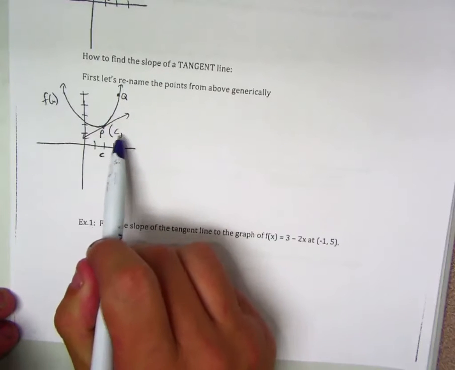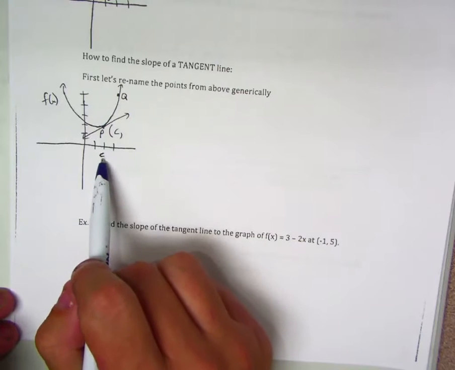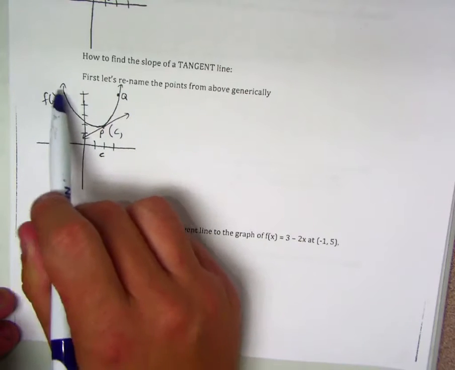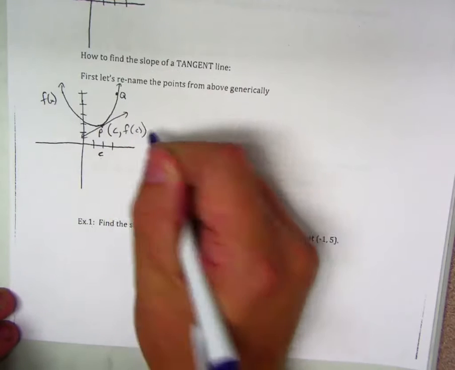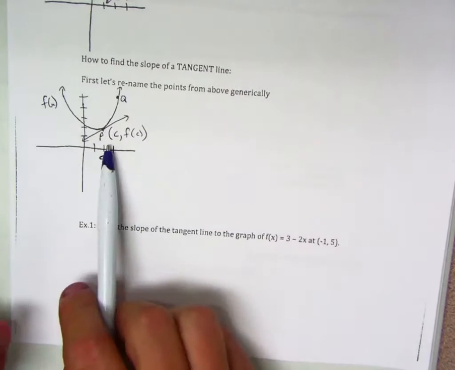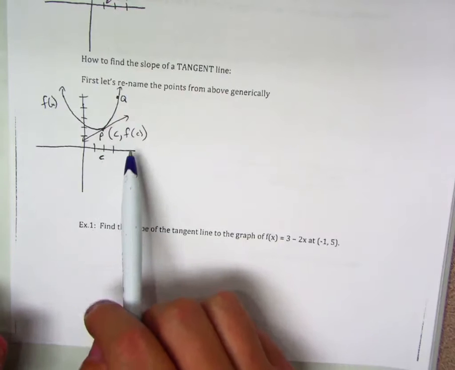The y value that we associate is, well, think about if you find a y value. If you evaluate a function at C, you plug C in for x, and so f of C would be the corresponding y value at C. So point P, instead of giving it numbers, we're just going to call it C comma f of C.